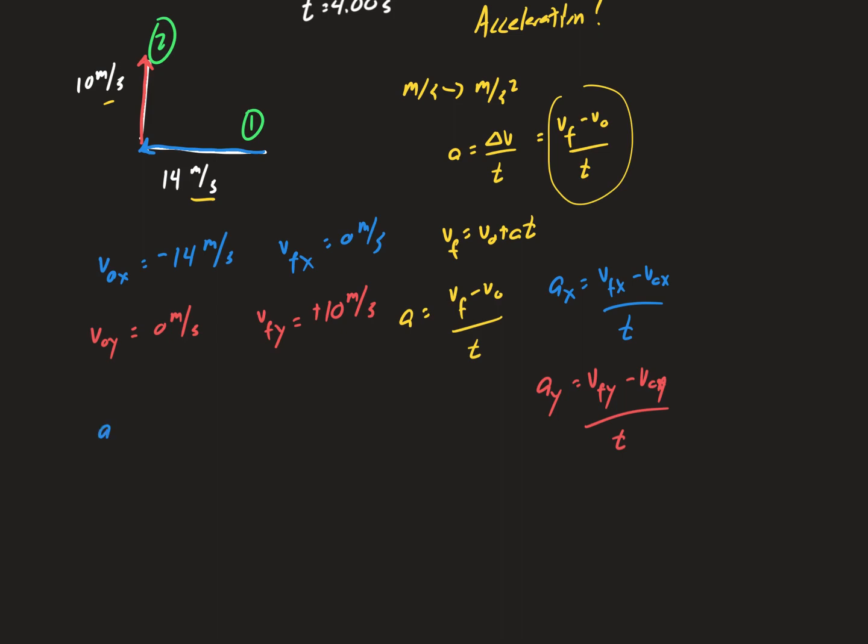So for my acceleration in the x direction, I get my Vfx, well, that looks like it is 0 meters per second, minus whatever my V naught x is, which is negative 14, over the time.